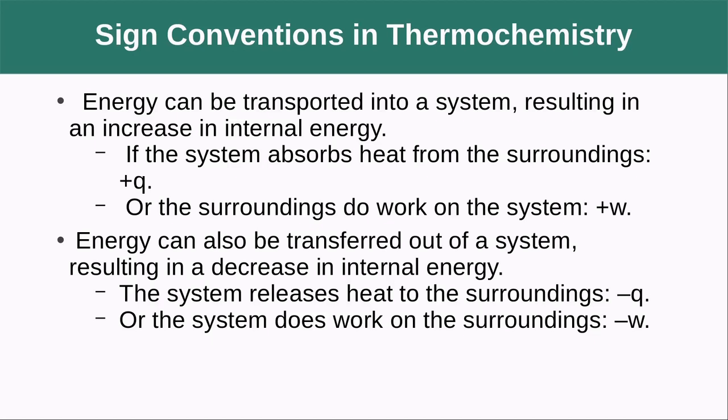If this is true and the system absorbs heat, we're going to have a positive Q value. And if instead the surroundings do work on the system, then we get a positive work value. Energy can also be transferred out of the system. That system can release heat, or it can do work on the surroundings. Both of those values will be negative.